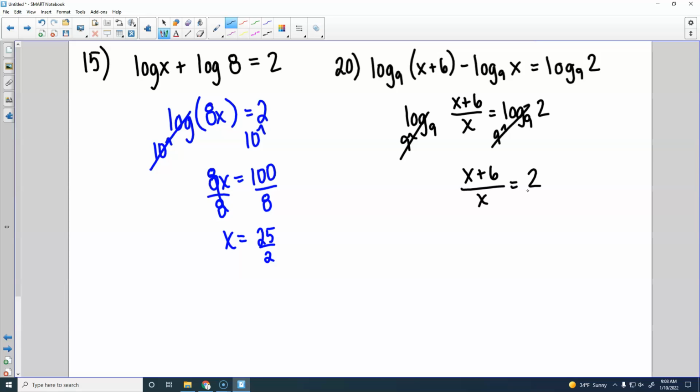They don't cancel. If we did try to cancel these here, we could divide here, but we would have to divide x by x, which would give me 1. We'd also have to divide the 6 by x there. So we cannot just cancel those two right there.